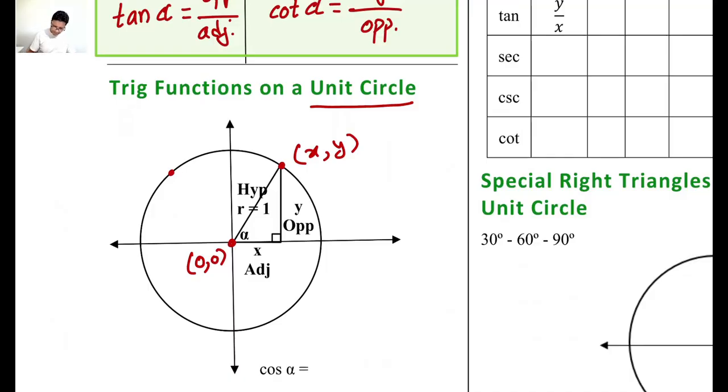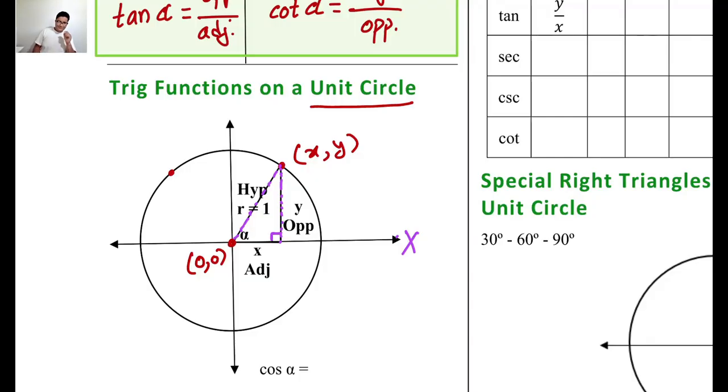How do we get the triangle from the point? You take that point and drop a perpendicular on the x-axis. Once you drop the perpendicular and you join the radius, you have this triangle, right?